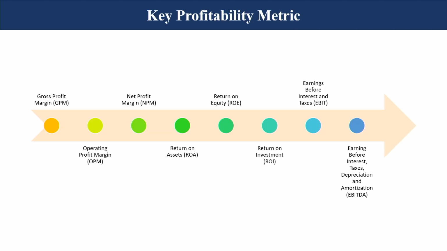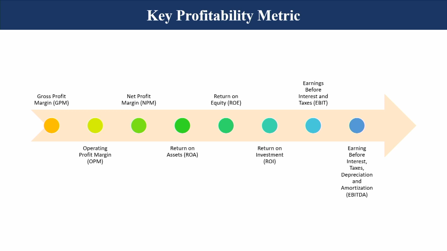Let us have a look at some of the important key profitability metrics. I will just spell out the names. Some of the metrics were already discussed in detail with examples in the last class, so we will just reinforce this concept and also look into some of the advanced metrics. First key profitability metric is the gross profit margin.